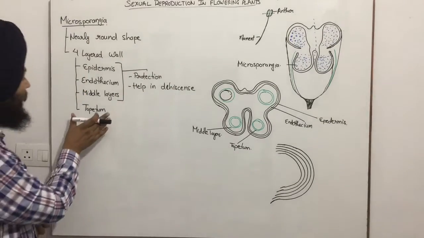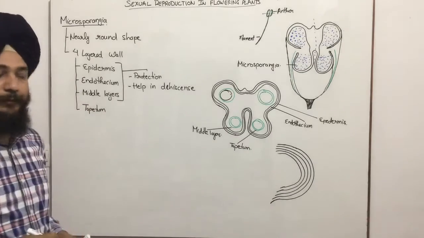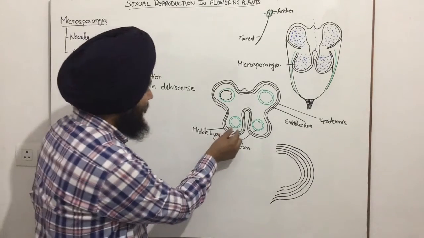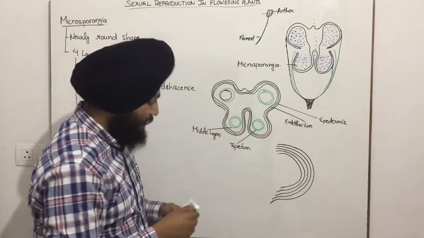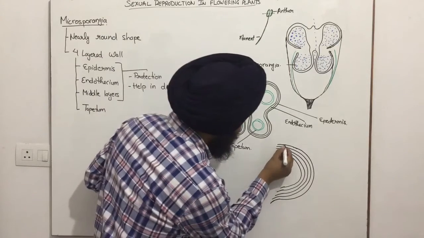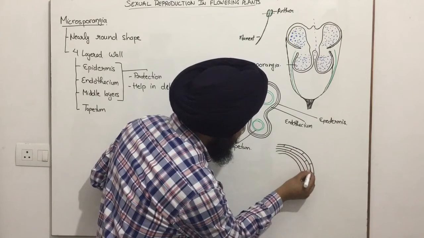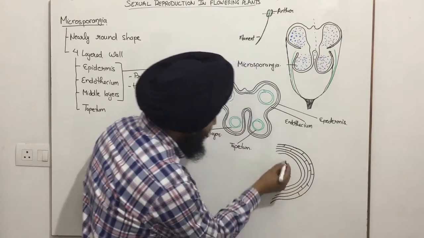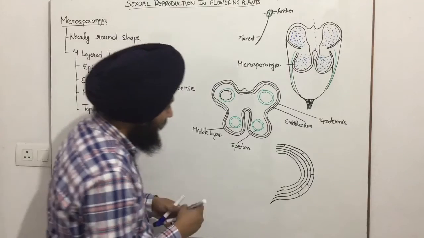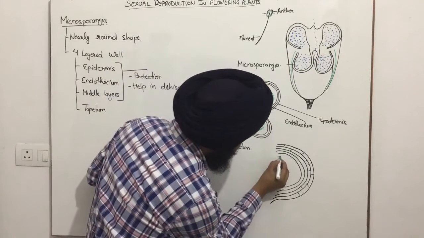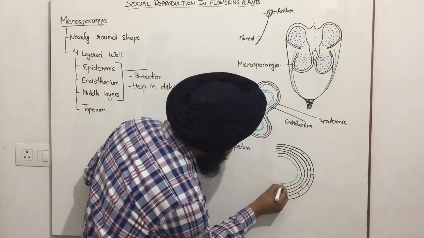Now the fourth layer, that is the tapetum. The fourth layer, tapetum, is the innermost layer. So these are the outer layers, and inside these layers, here we have the tapetum.